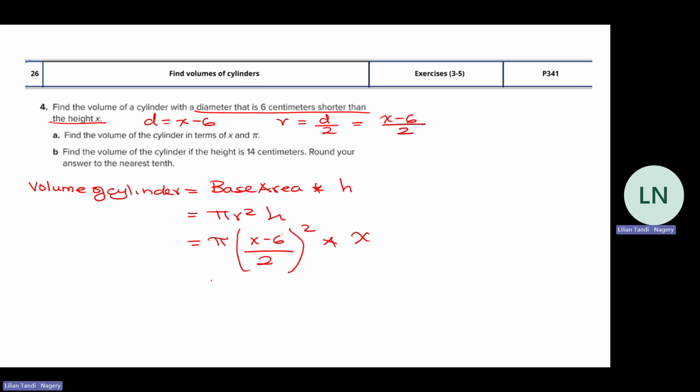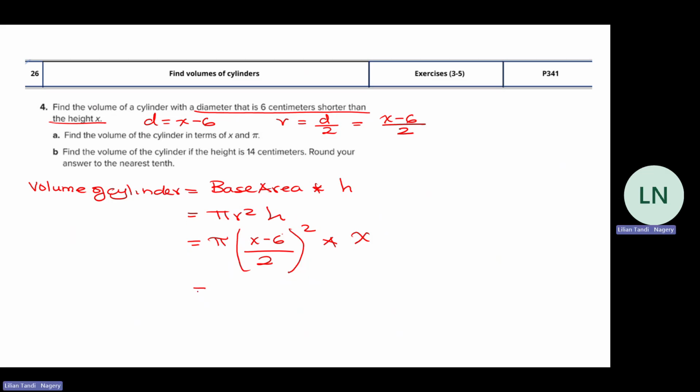All right, so then I can leave it like this. Now, this will be the answer to A. Or you can rewrite this.